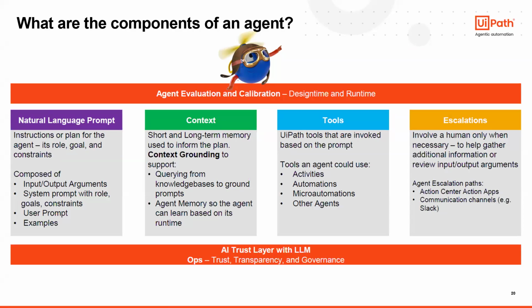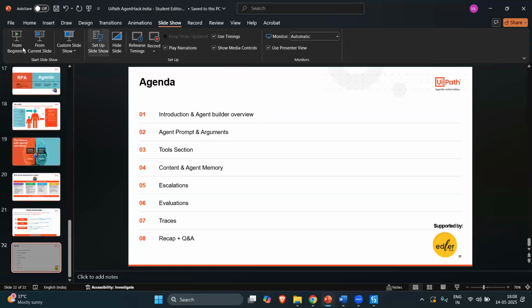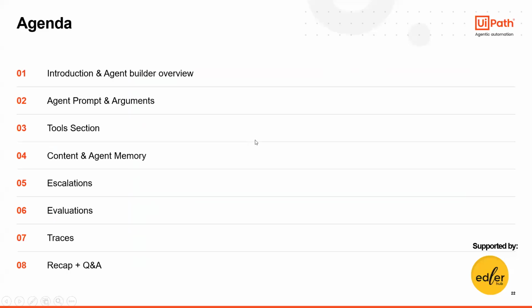In this session, we'll mainly see a quick overview of what is Agent Builder. How do we build agents in Agent Builder? What are the different dashboard elements available in Agent Builder from UiPath? What are agent prompts and arguments? How do you pass an argument to an agent?